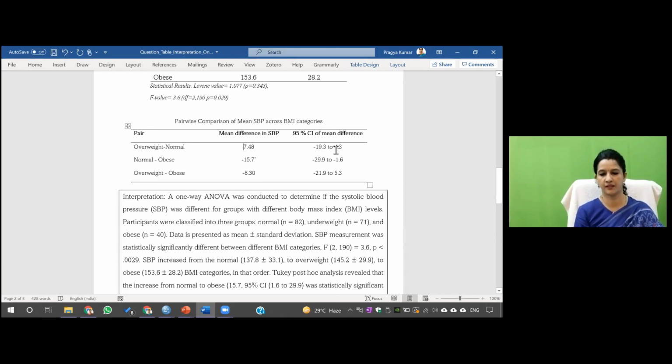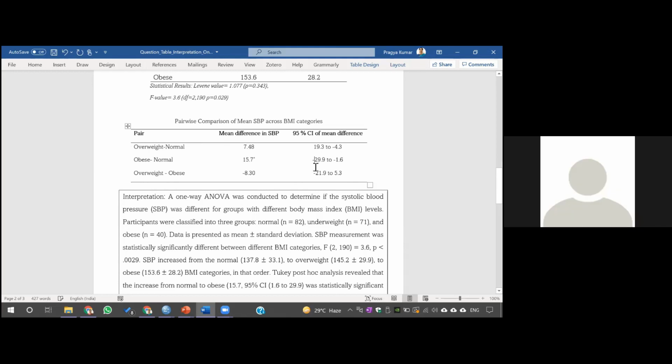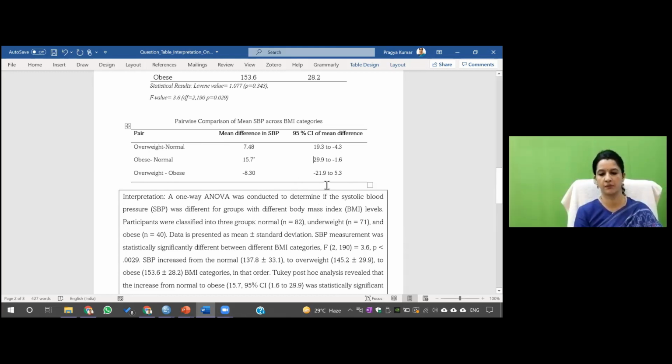And I'll add this minus here, plus here. Similarly, I'll do this: obese minus normal, I'll remove this. And I'll remove this negative sign, because now everything will be positive.